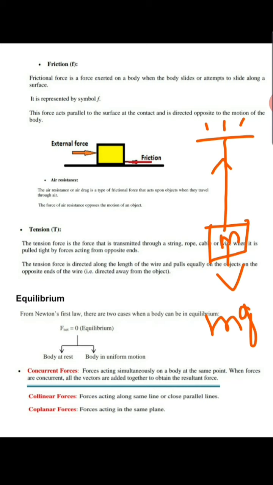So tension acts along the length of the string towards the point where it is fixed. Tension arises when we connect objects with threads and keep them in a stretched state. If it is kept in a loose form, this tension will not arise. It arises only when the string or the rope is kept in a stretched state. So that's about the main types of forces which we come across.